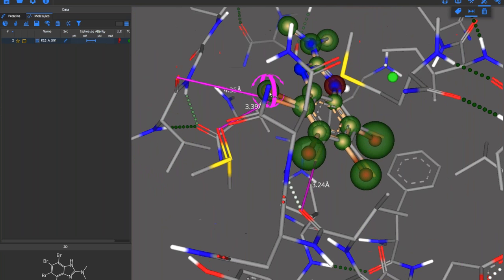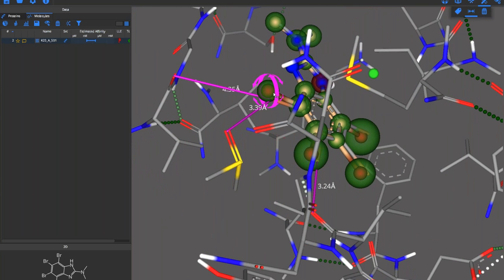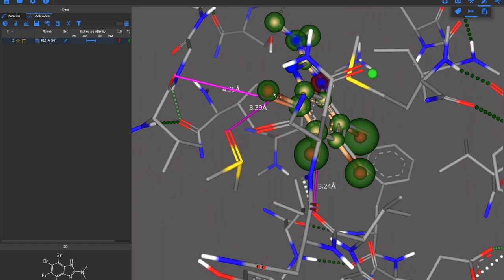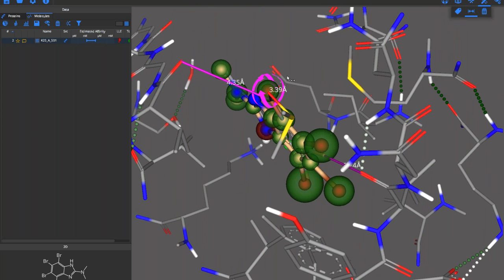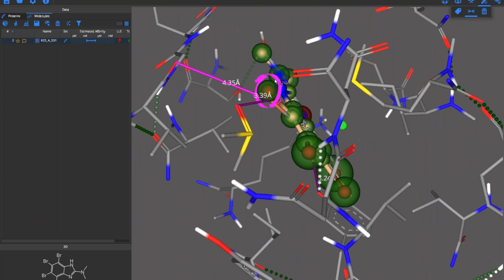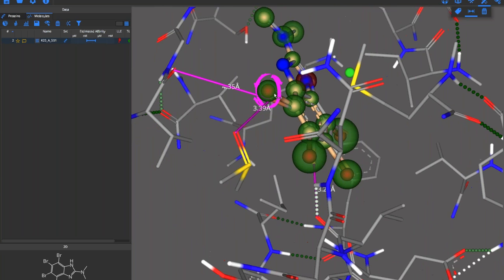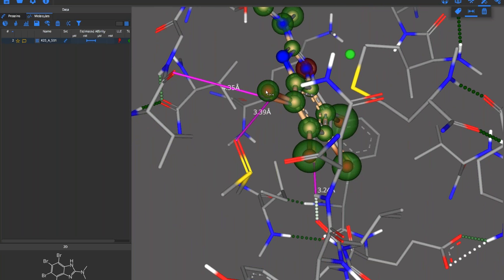When we remind ourselves of the slide that I showed, the angular dependence and also the distance dependence, 4.35 is clearly too long. 3.39 is also a little bit too long, although in this case, well, actually, if we look at it, the sigma hole would be here, which is pointing away from this lobe of the electron lone pair of the oxygen. So I would argue that there is hardly any halogen bonding present here.